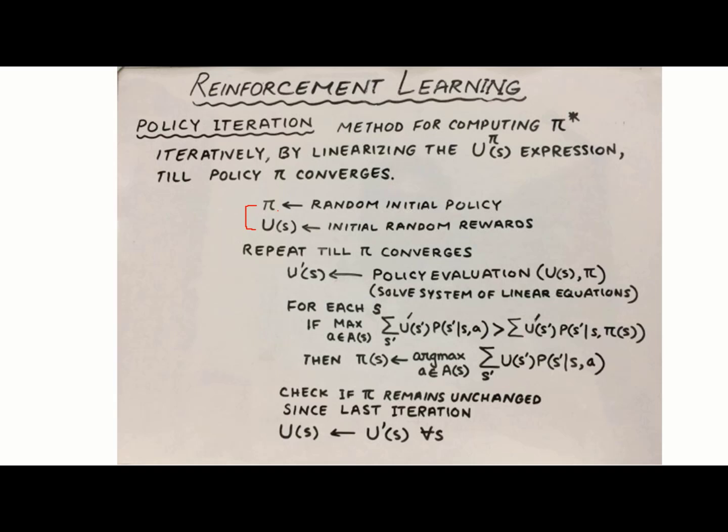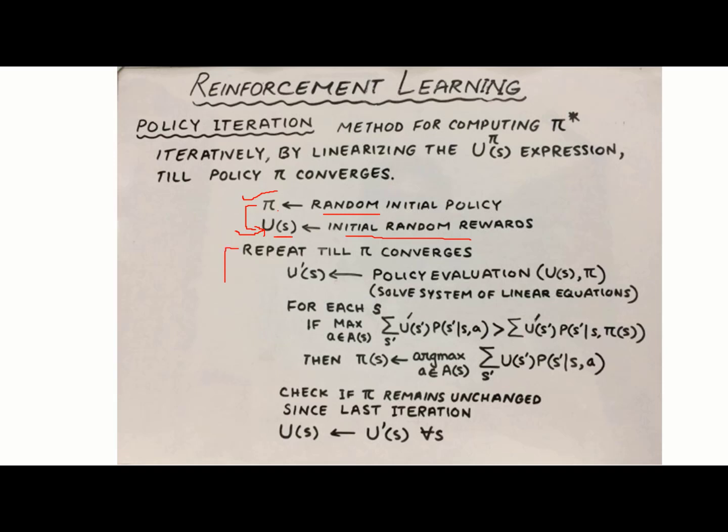We are going to initialize two quantities. The policy, we can start with some randomly chosen policy, and the initial values of the expected accumulated reward for all the states, u of s, are also initialized with some random values.